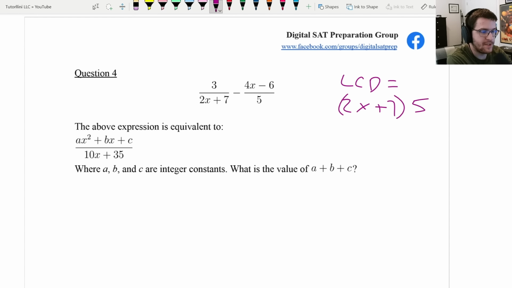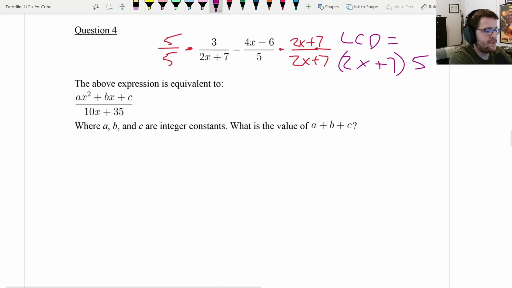So we're going to multiply the top and bottom of each fraction by the one that is missing. The left one is missing 5, and the right one is missing 2x plus 7.